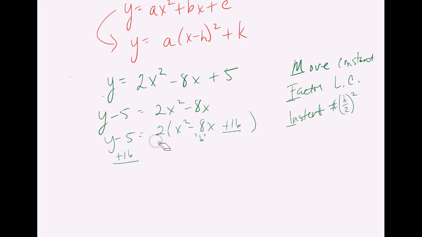Which means, think about it, if I distributed that 2, this 16 would really be what number? Well, it would be a 32. So that's what I'm going to add to the other side. So I wrote in a plus 16 here, but always check the front, and whatever you did to one side, so 2 times 16 is what I did here, plus 32, I've got to do it to the other side.